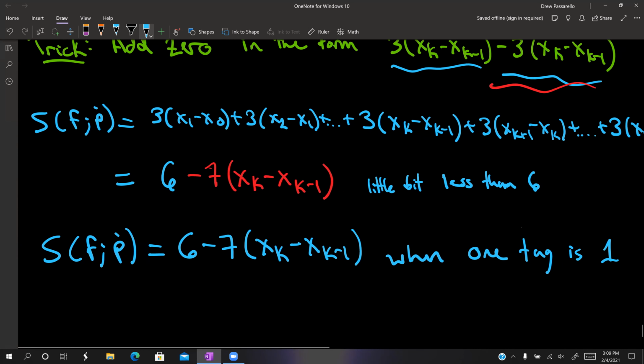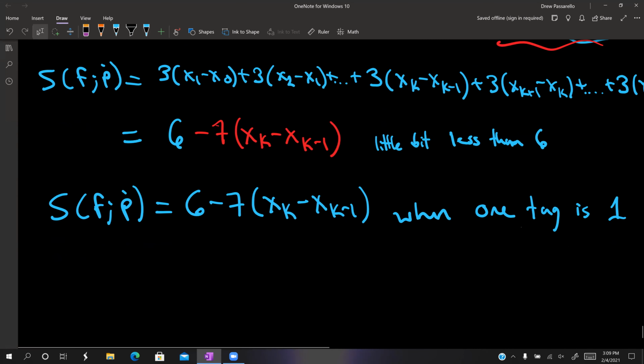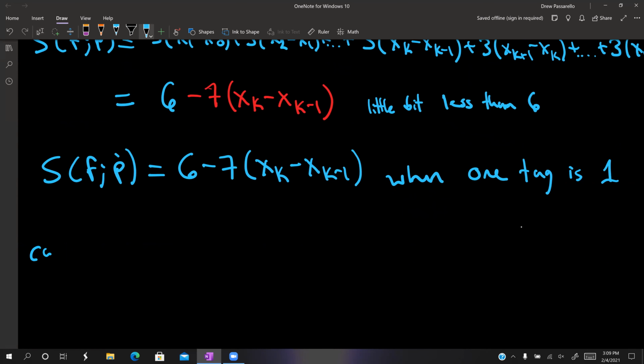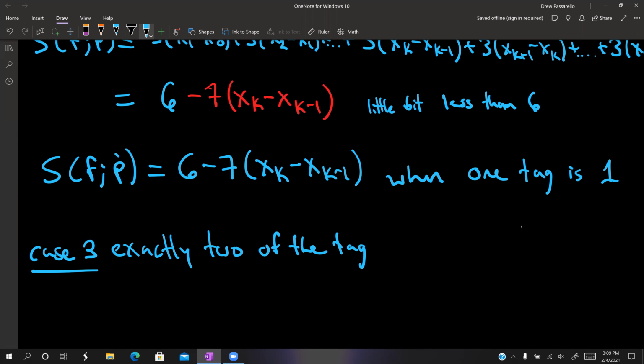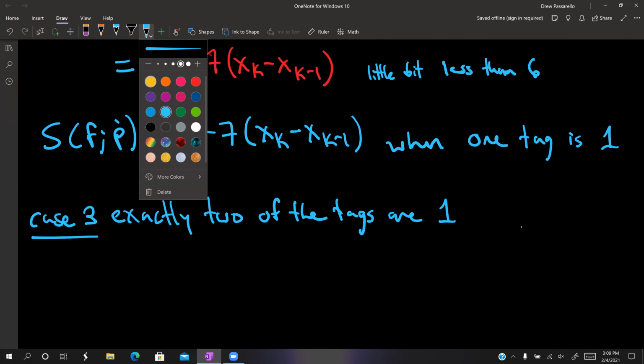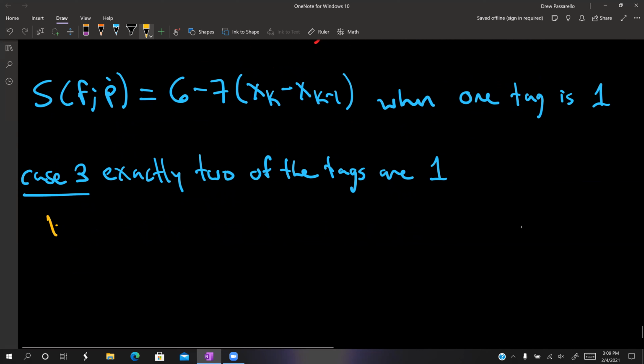Now what happens when exactly 2 of the tags are 1? Let's say tk is 1, and then tk plus 1 is also 1.